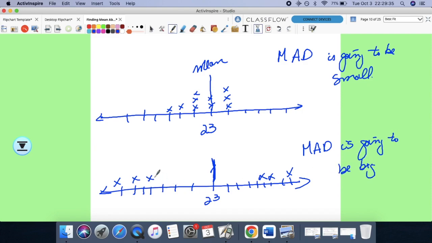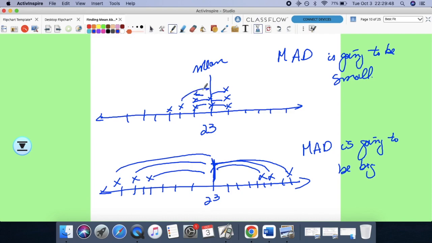Look at the distance. Look how far they are. And right here, they're really close, or at least closer than the bottom one. They're close to the mean, and this one, they're far from the mean.